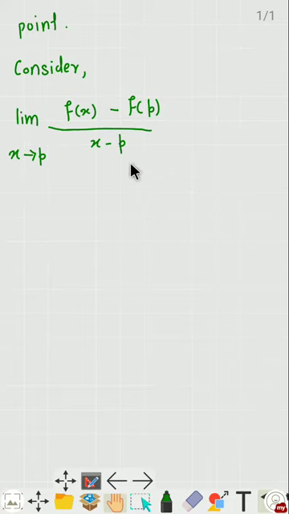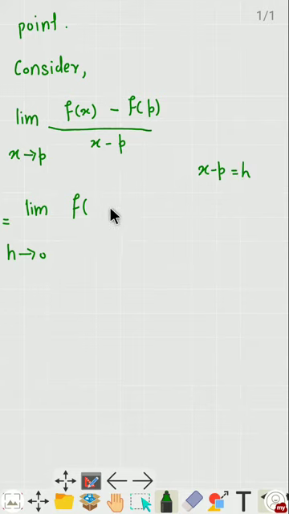In this limit we make a substitution. It is equal to the limit as h tends to 0 of f of p plus h minus f of p, and whole divided by h, where our substitution is x minus p is equal to h, therefore x will be p plus h.